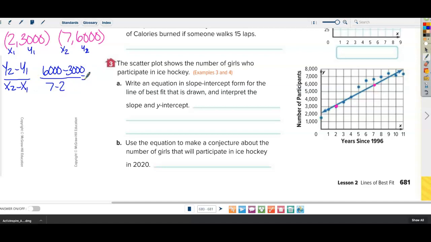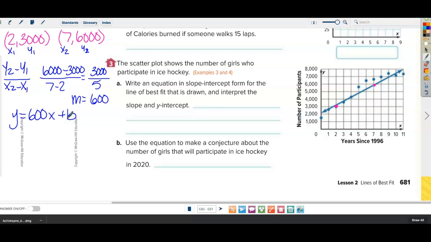So 6,000 minus 3,000 is 3,000 over 7 minus 2 is 5. And that can actually be simplified. So I'm going to take 3,000 and divide by 5. So I get m equals 600. I'm going to substitute that in for m, and the equation is y equals 600x plus b.